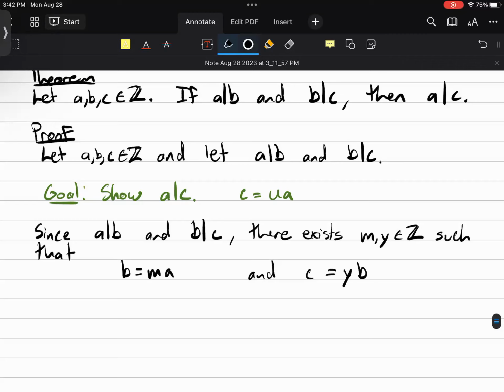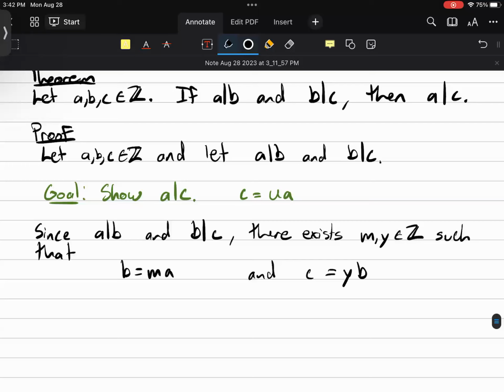What do we do from here? What's my goal? What am I trying to end up with? We're trying to show that A divides C. So what's another way that we could write to show that A divides C?